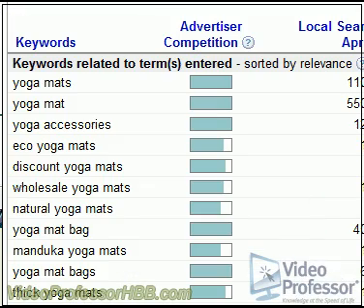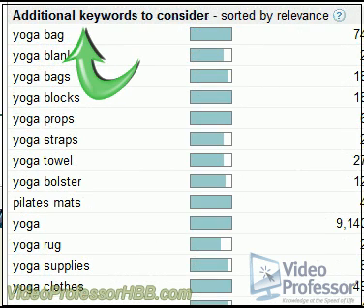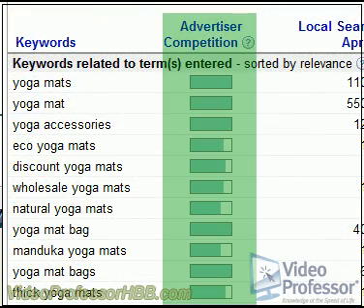After a few moments, our results display, with up to 150 keywords. There are 2 categories here, keywords related to terms entered, and further down the page, additional keywords to consider. Both lists are useful for finding keywords related to our business. The Advertiser Competition column gives us an indication of how much competition there is among advertisers for a specific keyword.